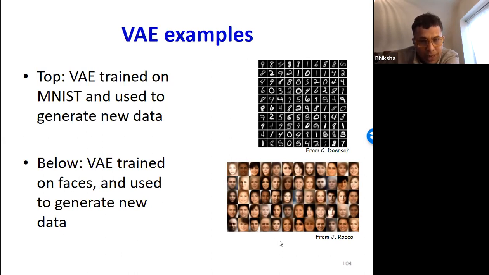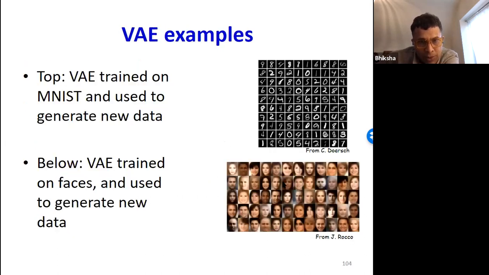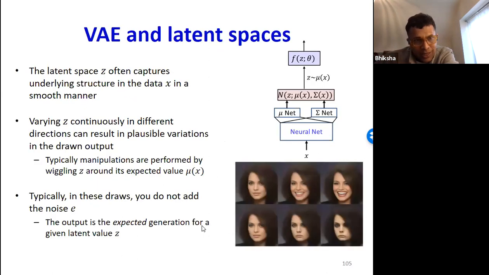Or this was a VAE trained on a few faces, and then you just feed it random values of Z and draw samples from it, and you can see that it actually generates faces. So basically, this network has learned the curved manifold in this pixel space where the data lie, and it's only generating data within the face manifold. Very pretty, right?